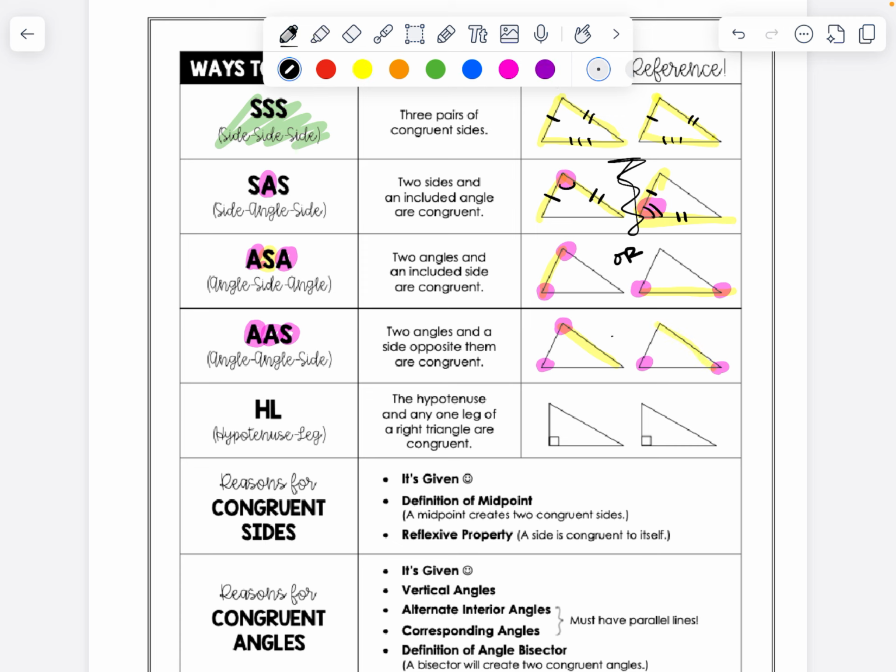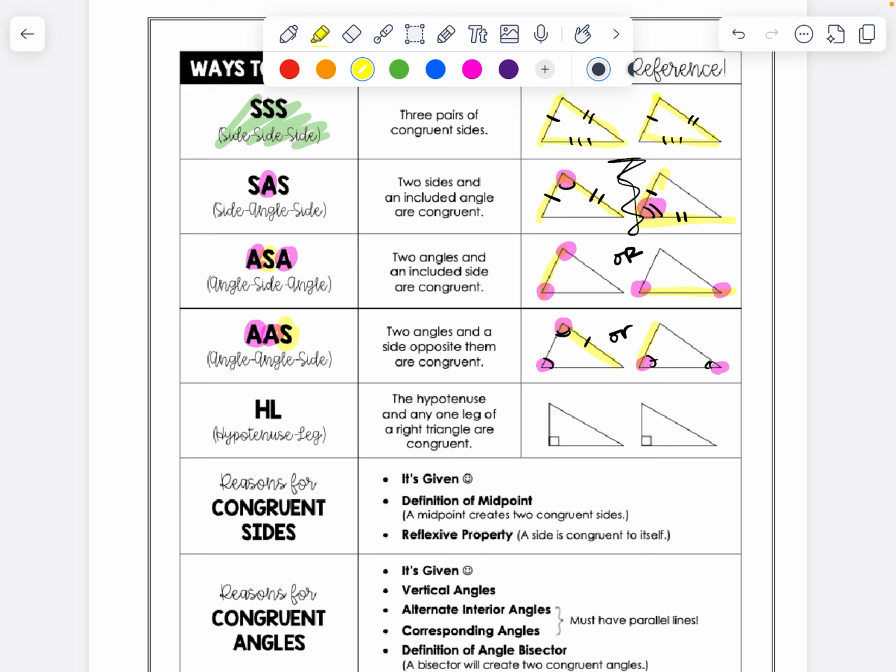I did the same one twice, just trying to give you some very different options here, right? Whatever it is, as long as that side is by himself, not included in between the angles, that one could work.